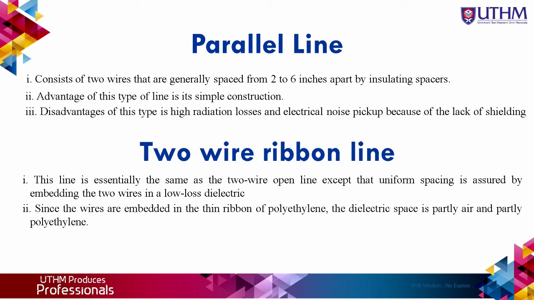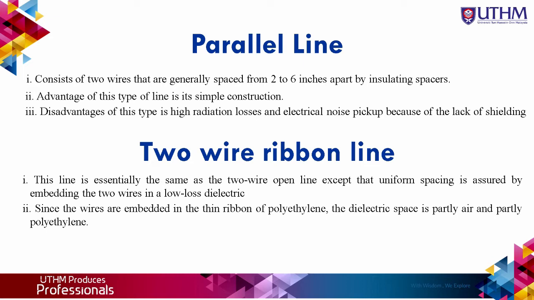Two-wire ribbon line. This line is essentially the same as the two-wire open line, except that uniform spacing is assured by embedding the two wires in a low-loss dielectric. Secondly, since the wires are embedded in a thin ribbon of polyethylene, the dielectric space is partly air and partly polyethylene.